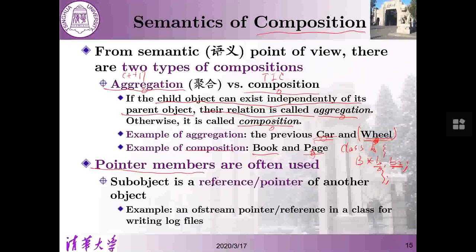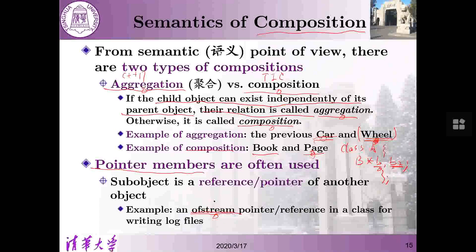Especially in some cases, pointers are necessary, because we just learned that an ofstream cannot be passed by value. So a class cannot have an ofstream member object, I think.